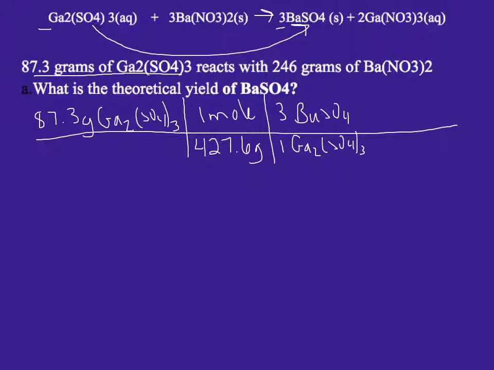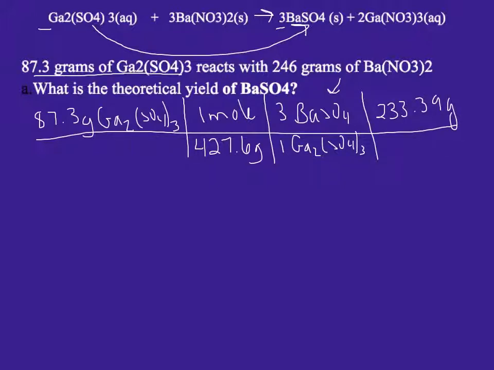Now we could stop there if we wanted moles of barium sulfate, but theoretical yield actually means in grams. So we're going to do one more. We're going to change the barium sulfate moles here to grams. So I need to use the periodic table and look up the mass of barium plus sulfur and 4 oxygens, which comes out to be 233.39 grams.